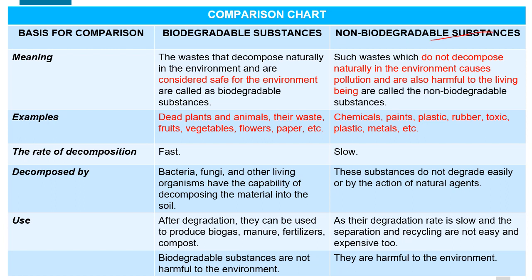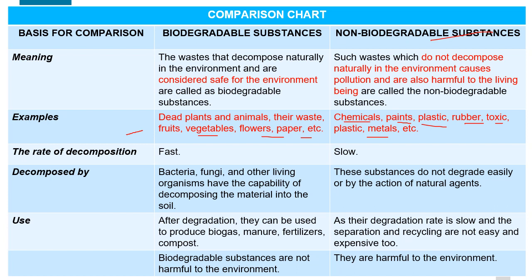A very good example of biodegradable substances are dead plants, animals, waste, vegetables, flowers, paper, etc. And when we say non-biodegradable, we have chemicals, paints, plastic, rubber, toxic materials or toxic plastic, and metals.